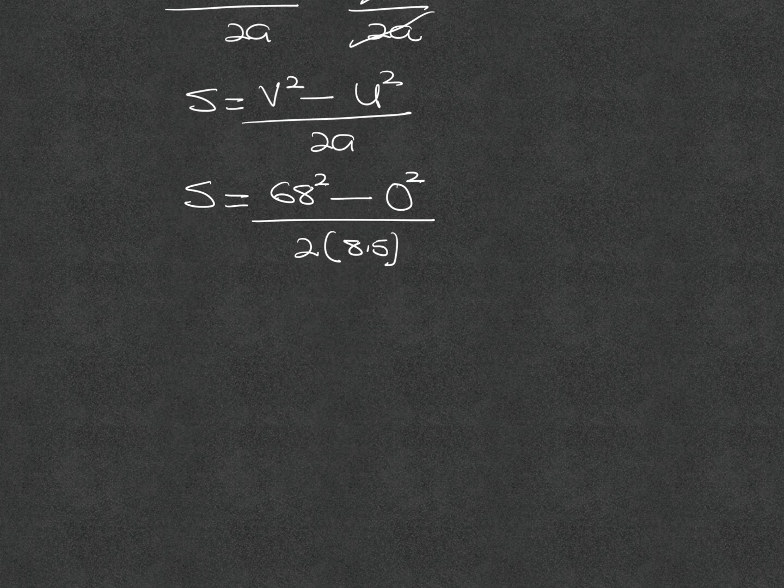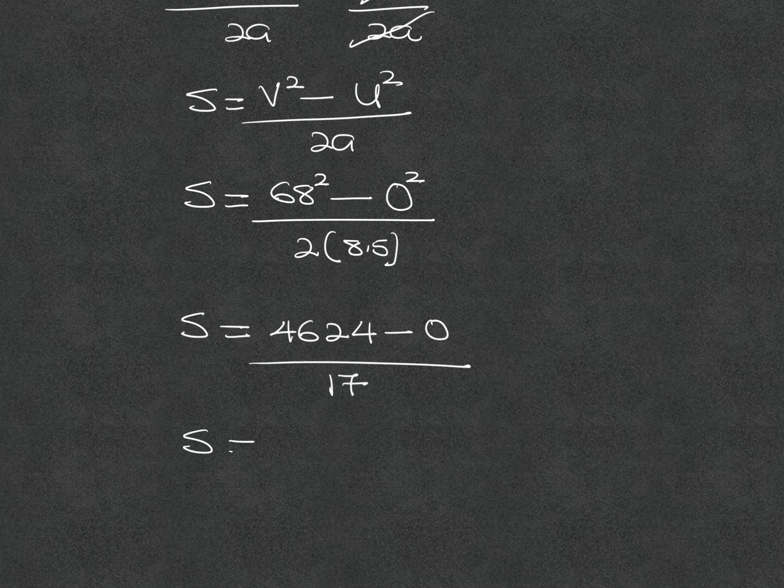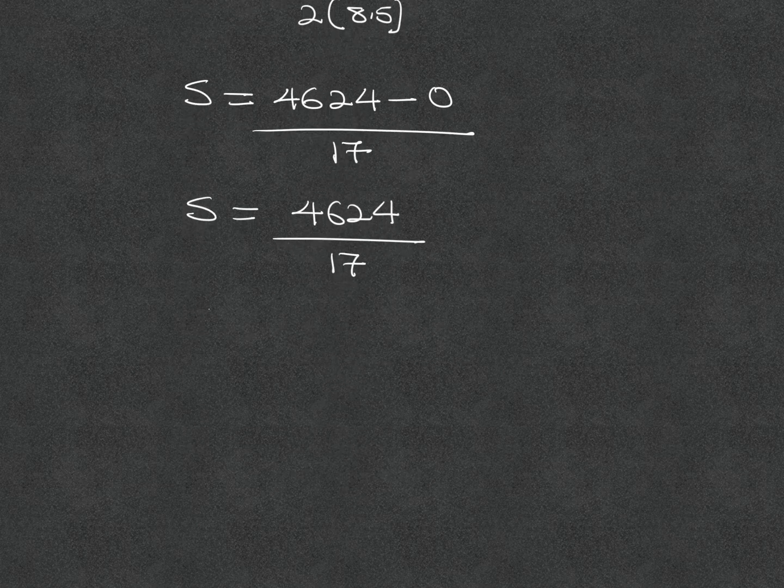So s is equal to 68 squared, which is 4624, minus 0 squared, which is 0, divided by 2 times 8.5, which is 17. So s is equal to 4624 divided by 17, which gives 272 meters as the distance s.